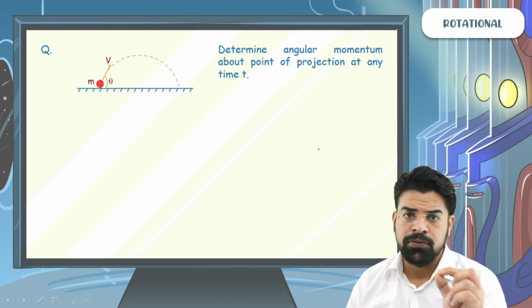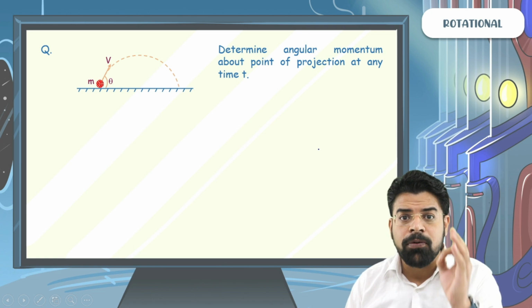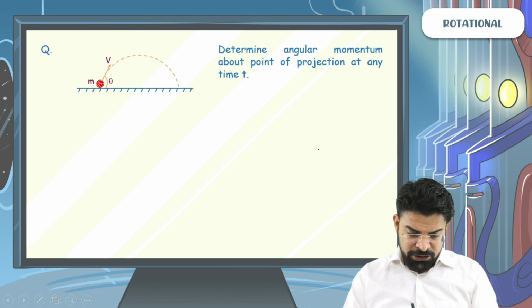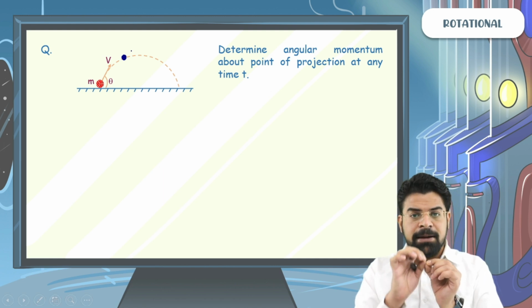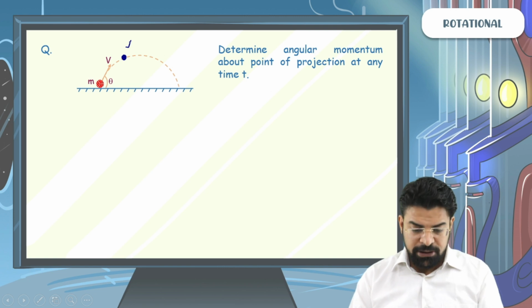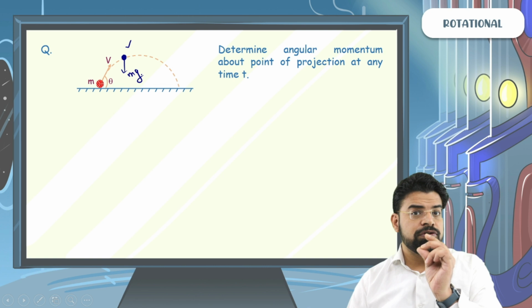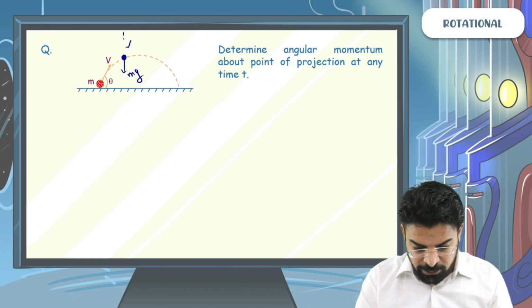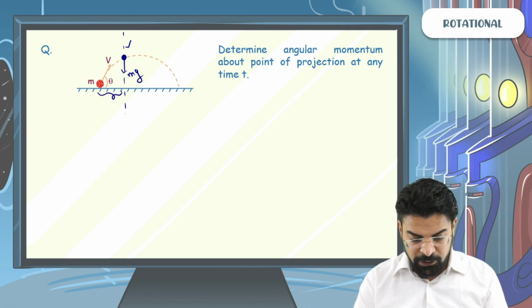If I ask you what is the torque on this mass projected, about the point of projection at any time t, let's say at any time t the particle is at the position shown. The force of gravity is downwards, mg. The torque of this force can be written by extending the line of action of the force, times the perpendicular distance.